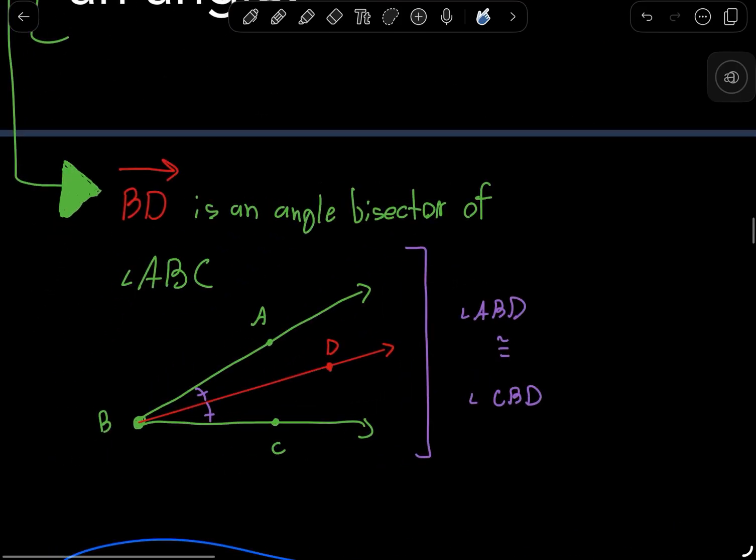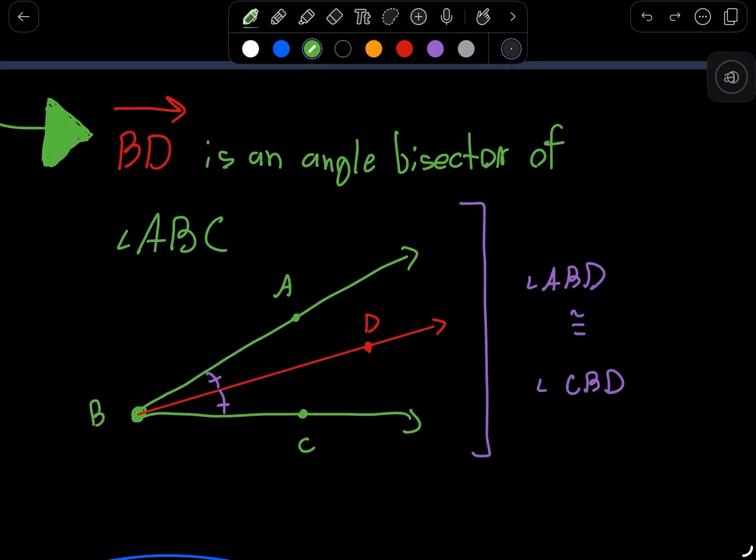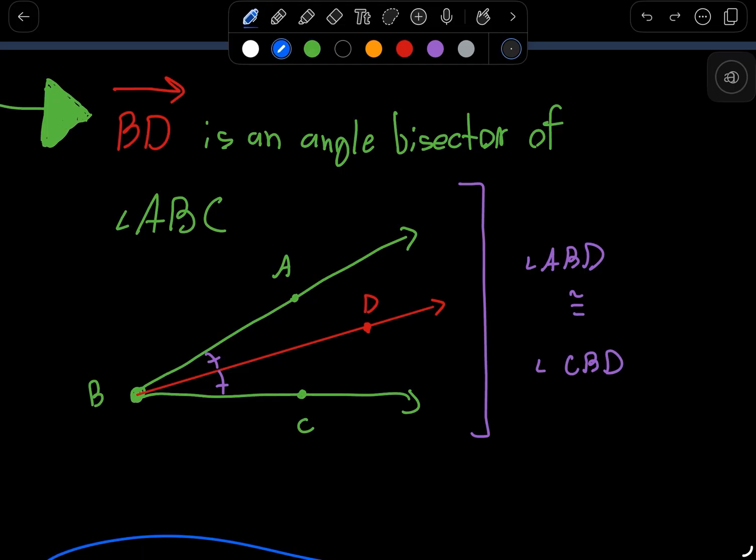And if you want a visual, let's say you have angle ABC here, this entire green angle, and they tell you that ray BD, that's the red thing, is an angle bisector. So what you can conclude is that these resulting angles that are divided by the ray are also going to be equal, and that means angles ABD and CBD will be congruent to each other.